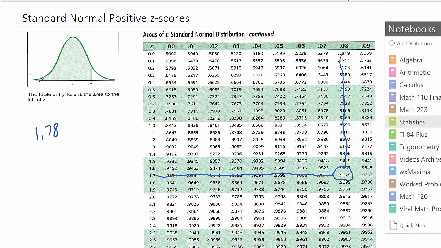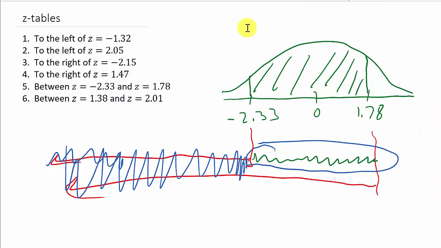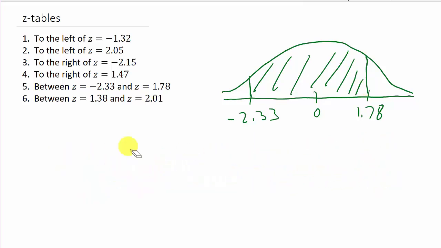All right. So we know the area to the left of 1.78 is 0.9625, and then we look up the negative 2.33.